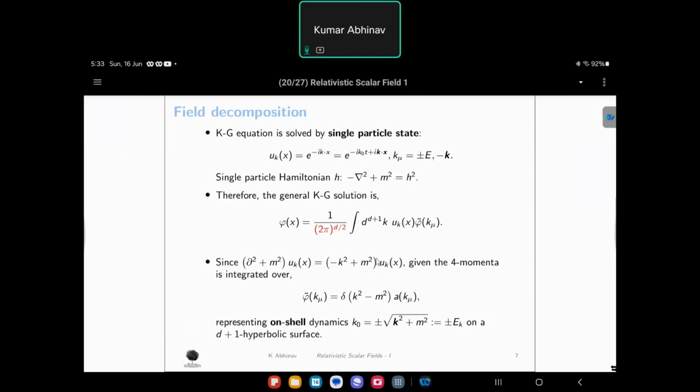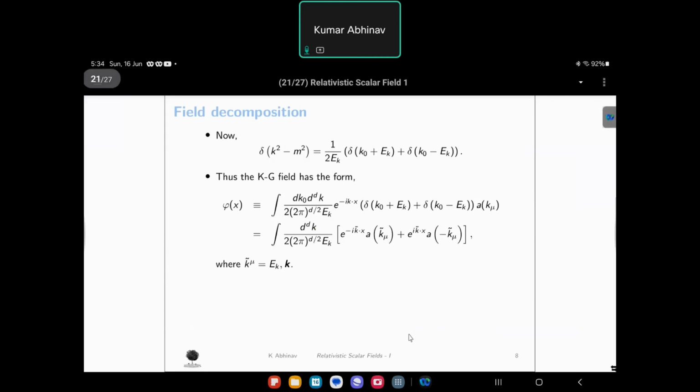So because of that, this introduction of the Dirac delta is a must. The solution space is just a hyperbolic surface in the d plus one dimensional space with a constraint, which is the relativistic dispersion, and that is called the on-shell surface. And the rest of the space is called off-shell accordingly.